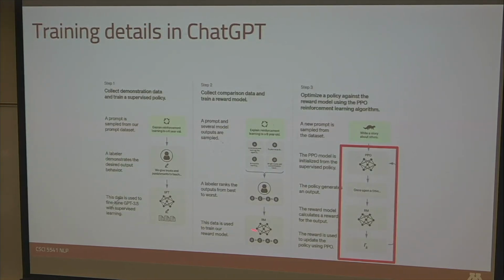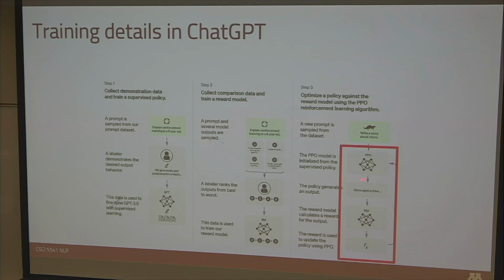Okay, so now that we have the reward model, how do we actually use it to further align our instruction-tuned model? We use a technique called reinforcement learning. It basically corresponds to learning a policy, and the policy in our context is whether to generate this token over the other token or not.